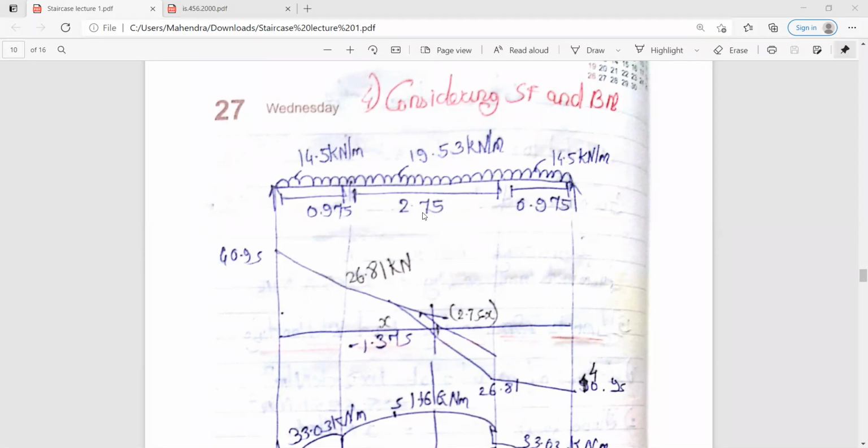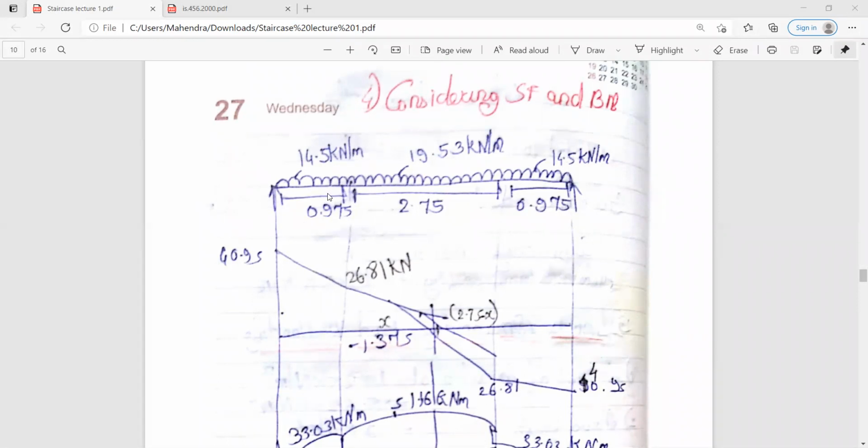So 4.7 is the entire length of the beam. So 4.7 minus this going distance, that is 2.75, you get 1.95. 1.95 is the total distance for landing and mid landing.